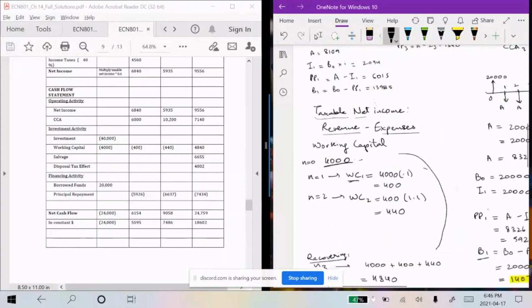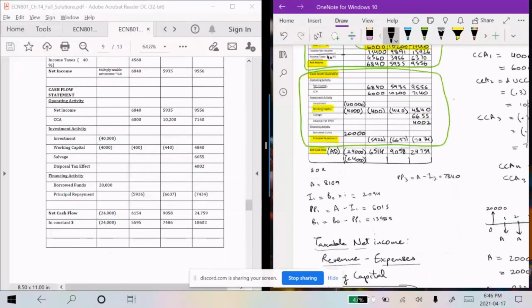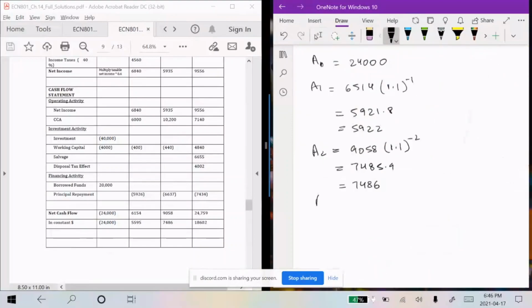Finally, it's 24,759. 24,759 times 1.1 raised to the power minus 3 equals 24,759 divided by 1.1 raised to the 3. 18,601.8 equals 18,602.